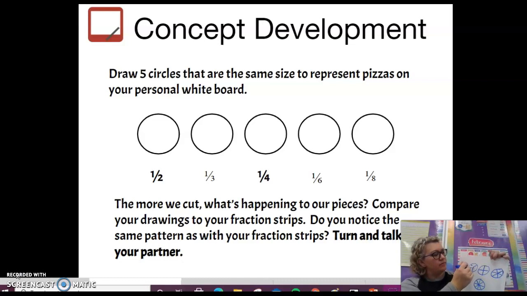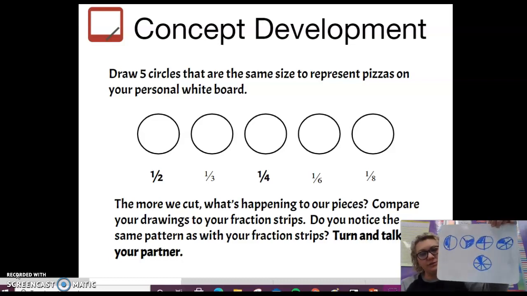Then make my thirds better. 1/3, 1/4, 1/6. And then finally, 1/8 of my pizza. So these are the pieces of pizza that I get to choose from.